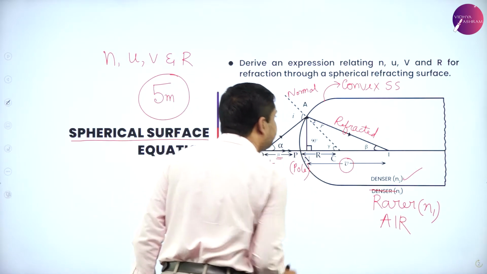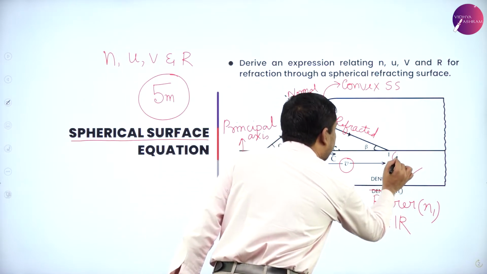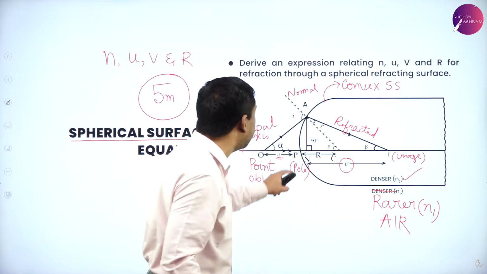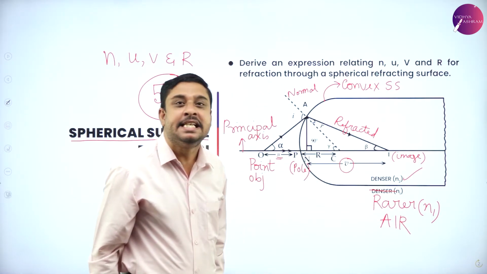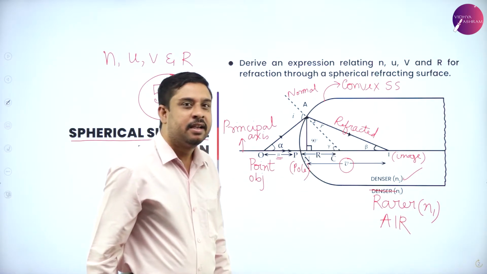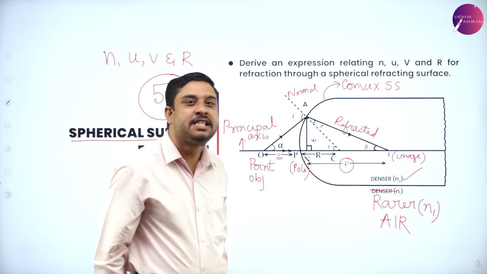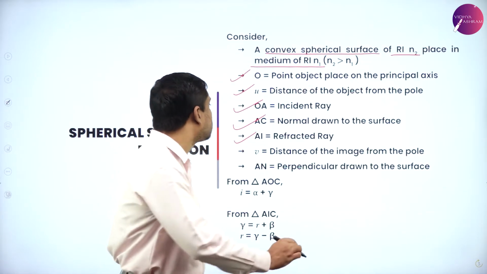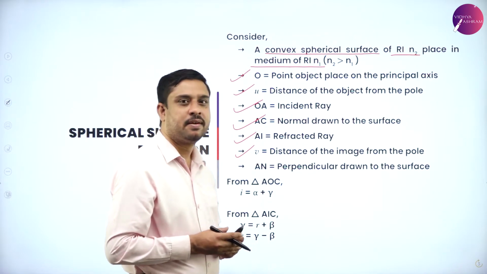And V is the distance between the image of the object and the center. I is the image. V is the distance between the image and the center. Therefore, V is called the image distance.